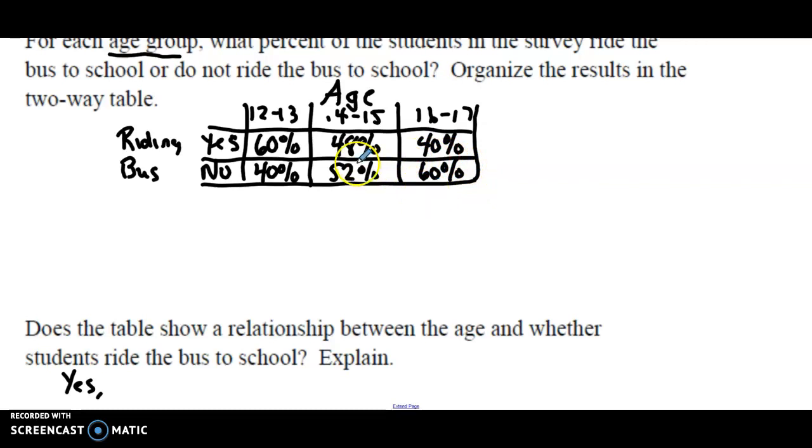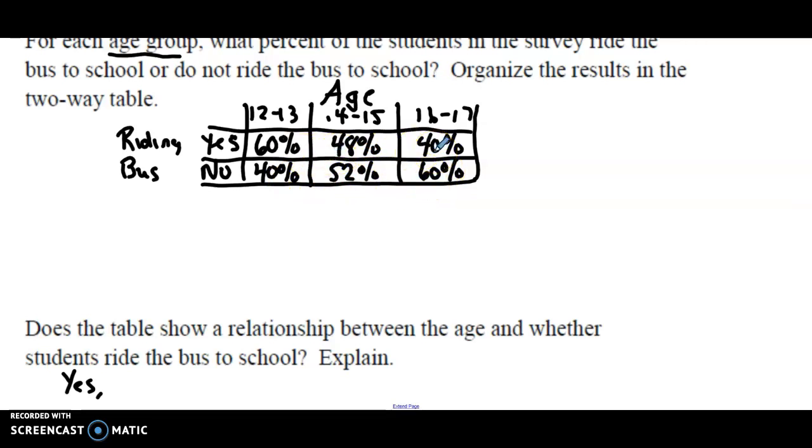And if you want to ask why 14 and 15-year-olds have a higher percentage even though they don't have their driver's license, it's because they probably have friends or older siblings that drive to school. So that would explain why these percentages are going up for the no's and down for the yeses.